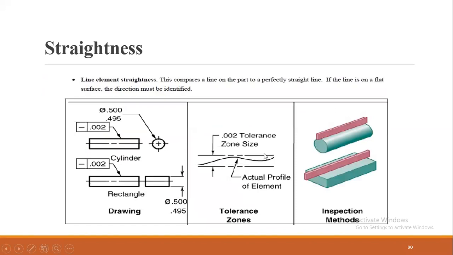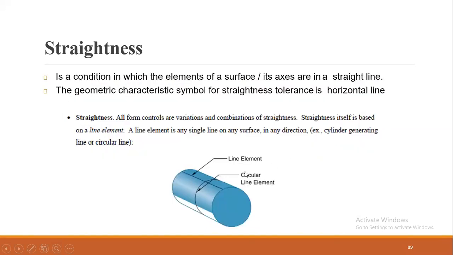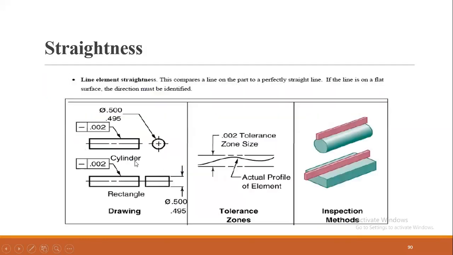Here you will get a diameter of 0.5 and below it 0.495. So this is the tolerance, the space between these two lines. How much is it?